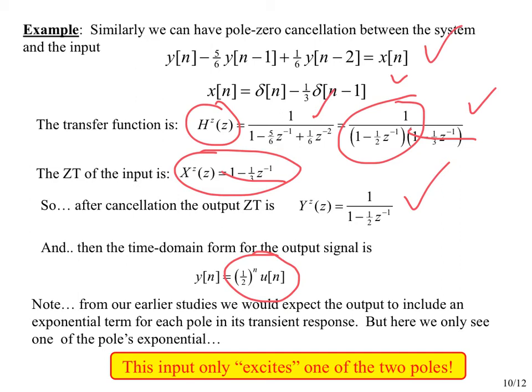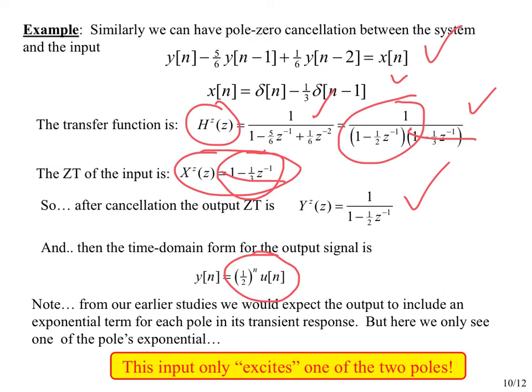And that's because for this particular system, for this particular input, the input kind of cancels that response of the pole. Or said another way, the input has zero value where that second pole is, and so the second pole is never really excited by this particular input.